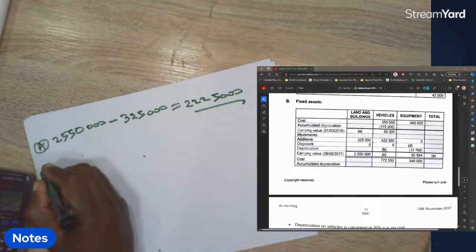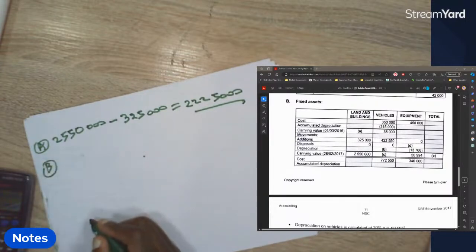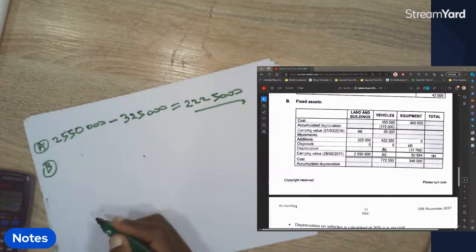Okay, let's go to B quickly. What is B all about? B is on the vehicle, as well as C. To calculate B, it is depreciation on the vehicle. Depreciation on the vehicle is calculated at 20%. The company on page 11 has two vehicles.